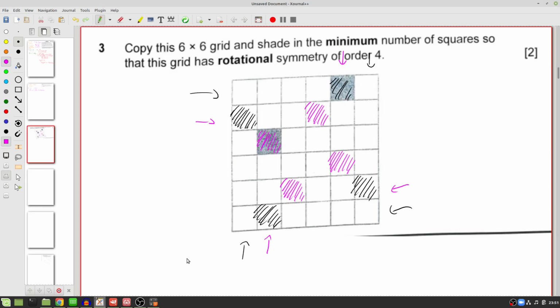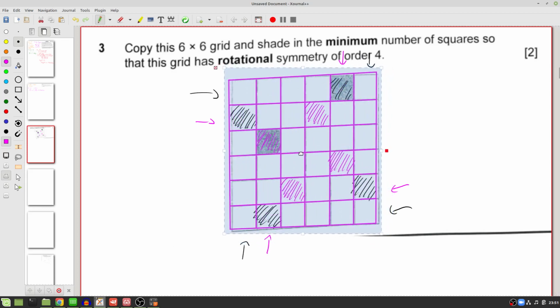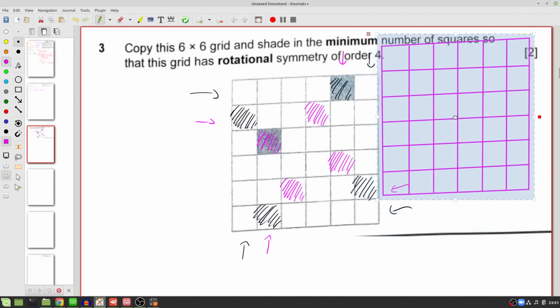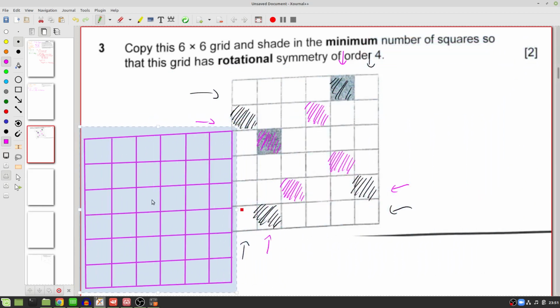Now let's check if that works. Let's see. If we put this grid on here, I'm going to put it to the side, right there. And I'm going to do the same shading, and then we're going to do the rotation to see if it works. So let's do the black shading. That's for this block.